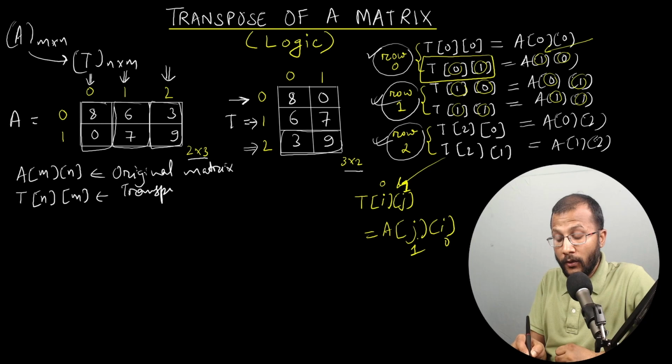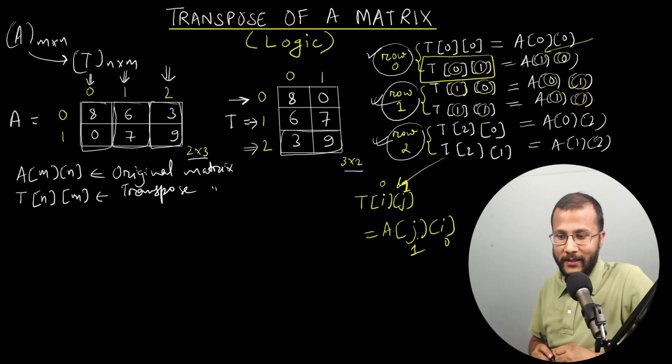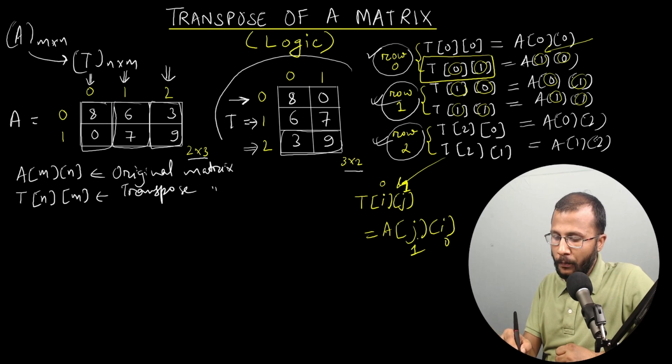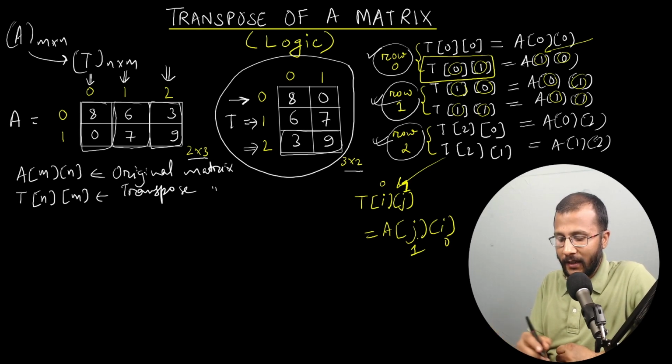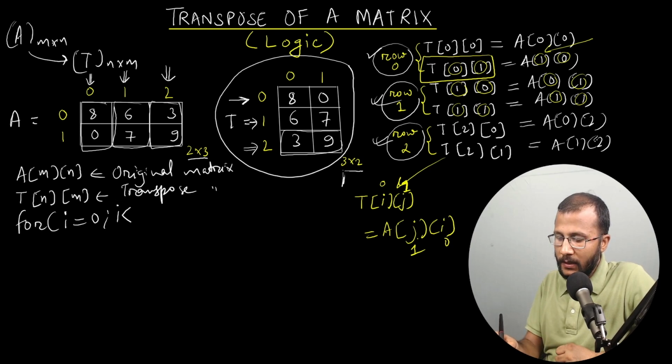Now we are going to write a loop to find our transpose matrix. Here you see there are 3 rows and 2 columns. First I'll run a loop for taking care of rows. Let's say I is the loop variable for rows: I equals 0, I less than the size of the row, which here is 3, I plus plus.